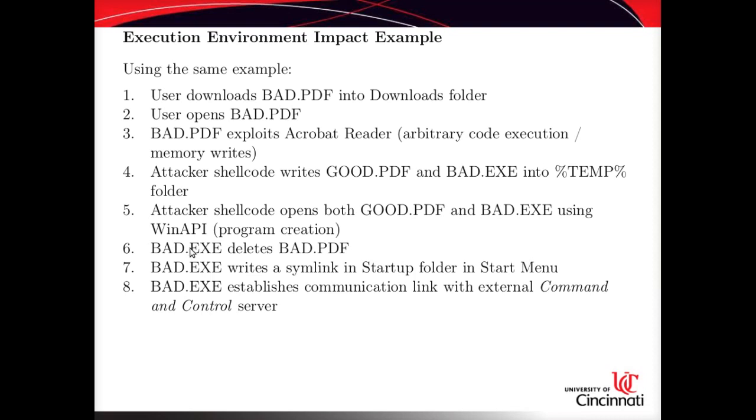So finally, bad.exe. This other program that's running now ends up causing a bunch of other stuff to happen. And I'd say that a program deleting a file isn't abnormal. A program writing a symlink itself isn't abnormal, although a program writing a symlink into the startup folder might be something worth looking out for.